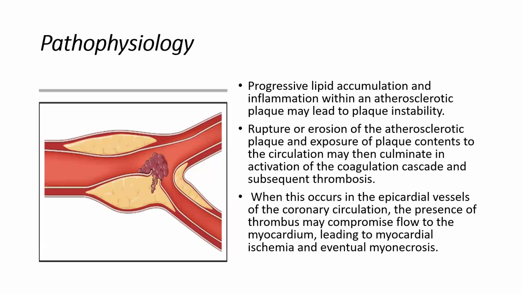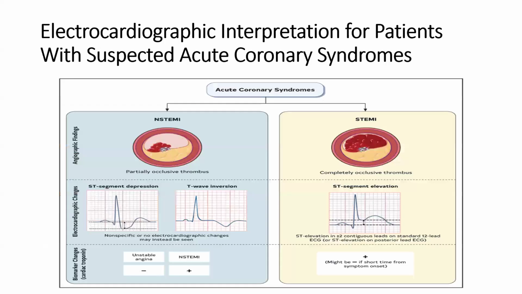Whenever there is progressive lipid accumulation and inflammation in this plaque, it leads to rupture, which leads to the release of lipid particles into circulation, and that causes activation of the coagulation pathway, which leads to thrombus formation. Whenever this thrombus forms in the epicardial artery, it leads to myocardial ischemia and eventual necrosis, and that is called myocardial infarction.